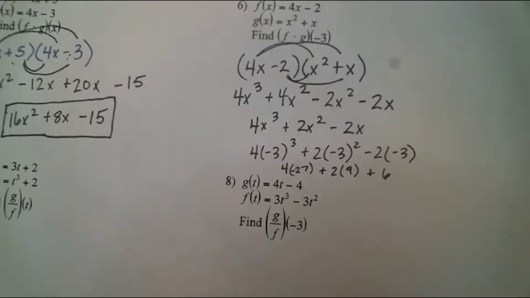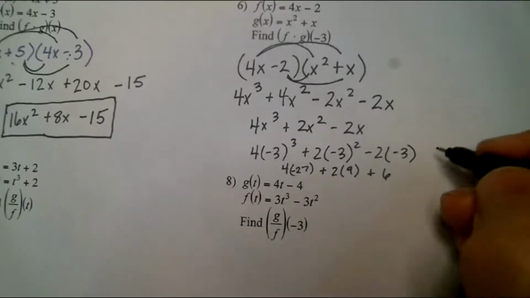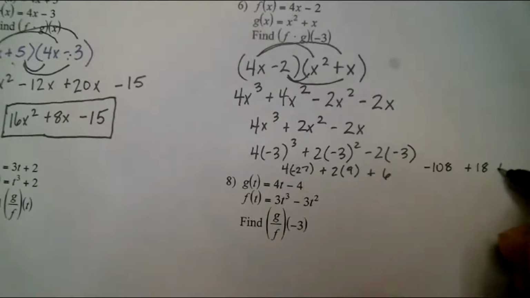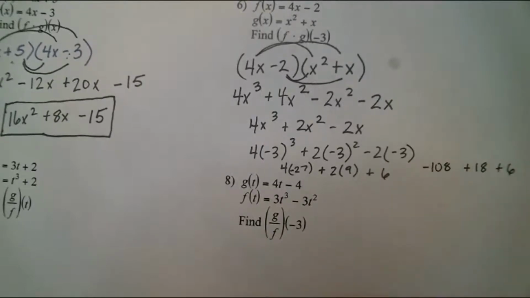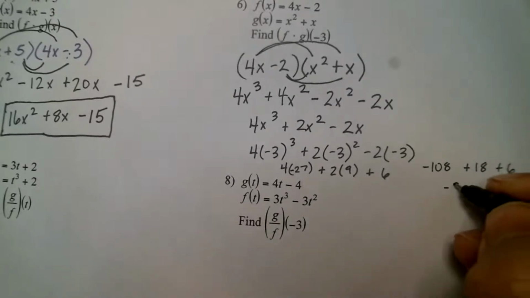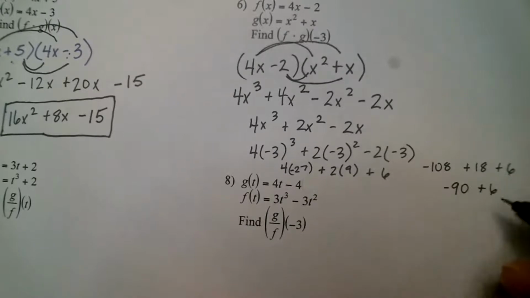So -27 times 4 would be -108. So -108 plus 18 plus 6. Plus 18 would take us to -90. Add 6 would take us to -84.